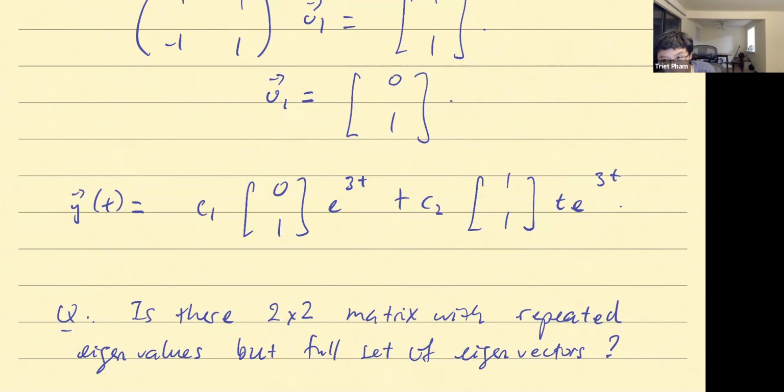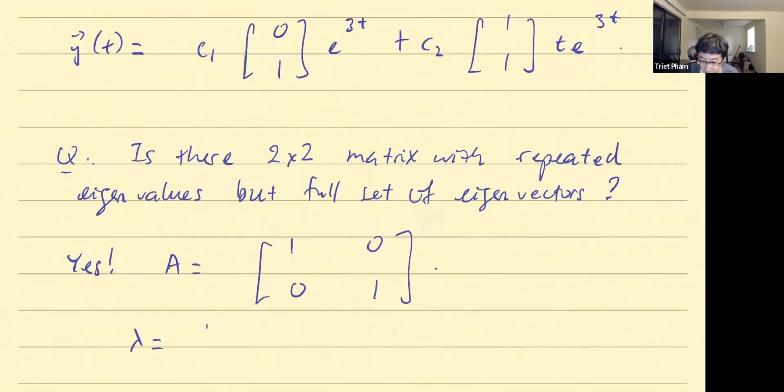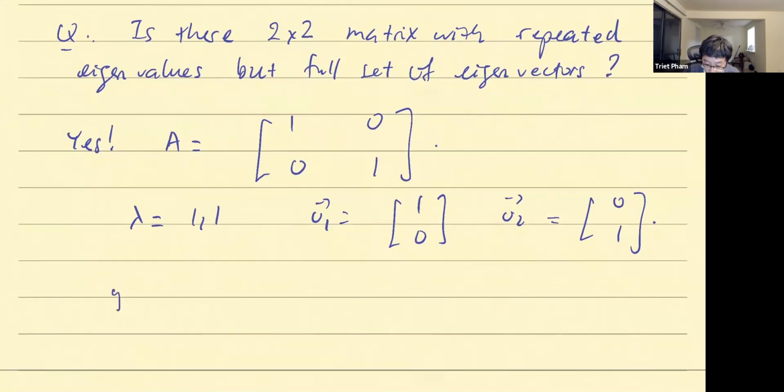Absolutely. The identity is a perfect example here. That's what I have in mind. What are the eigenvalues? What are the eigenvectors? And suppose you look at y prime equals ay.